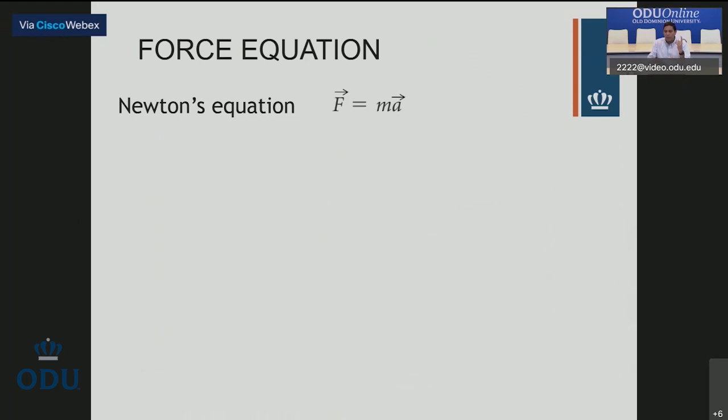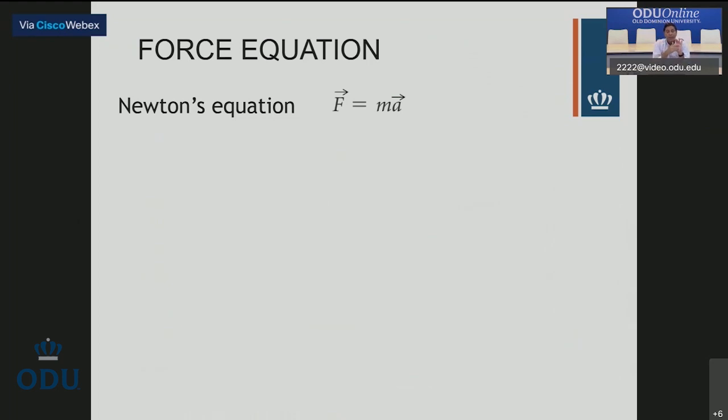Now, the main difference between what you learn in high school and what you're about to learn here is mass. Mass for the car is constant. You apply a force on that car, and the car doesn't change its mass. It's the same thing.